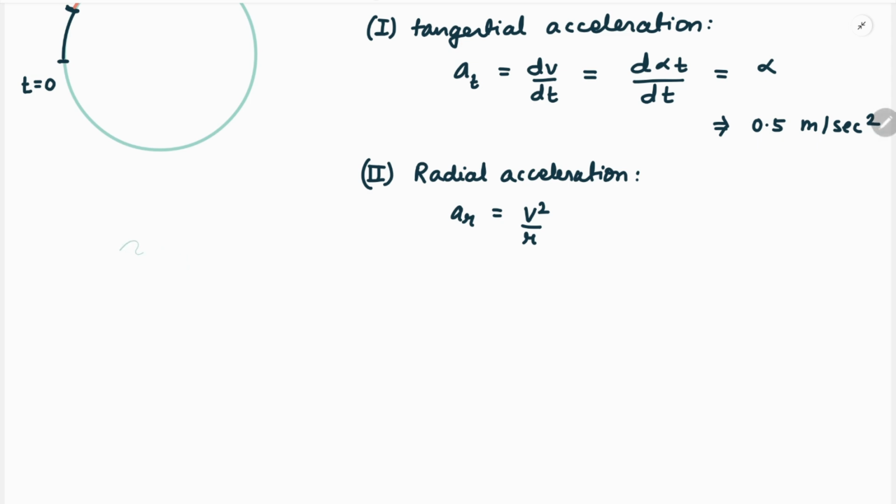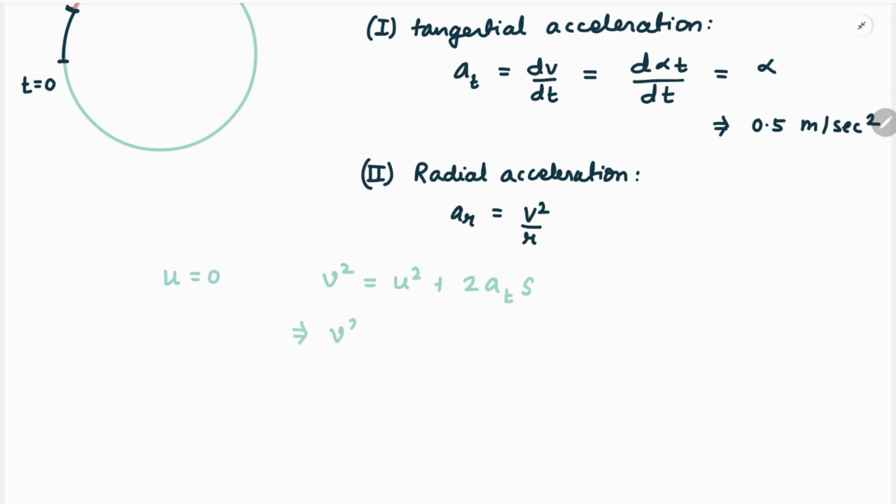Over here we start to approach the problem to evaluate this part. After t equal to 0, the initial velocity is equal to 0, and v square is equal to u square plus 2 times tangential acceleration into displacement.